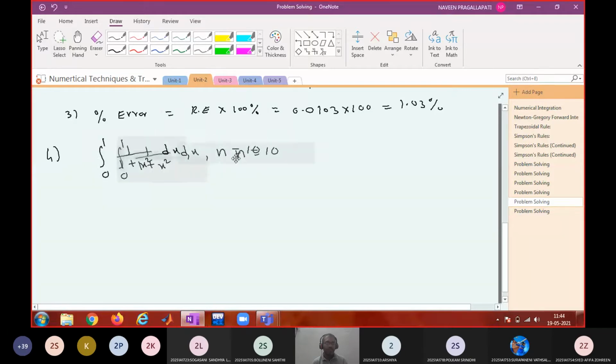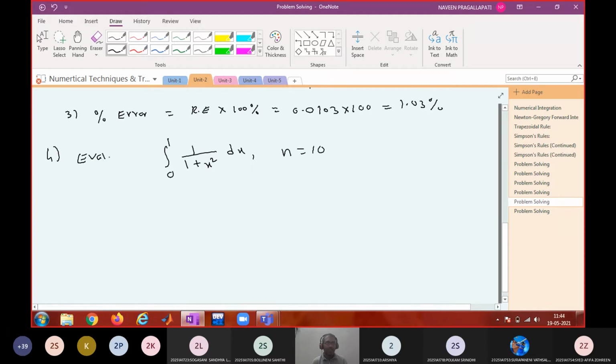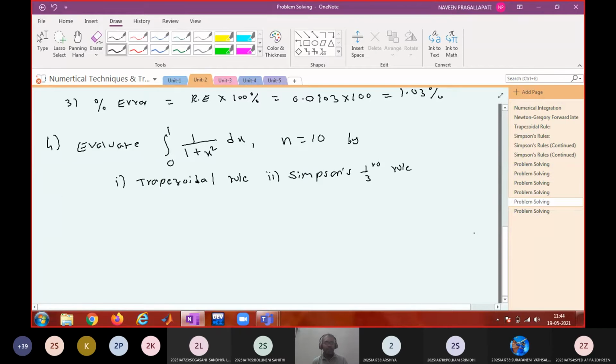Trapezoidal rule, Simpson's 1/3 rule. After that, if you want, you can compare this approximate value with the exact value also.